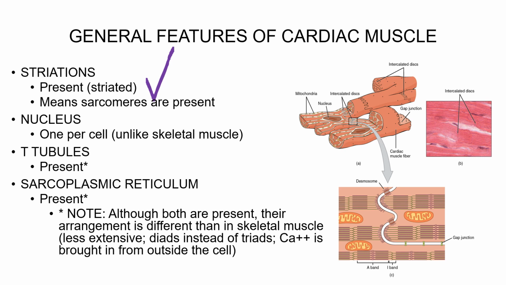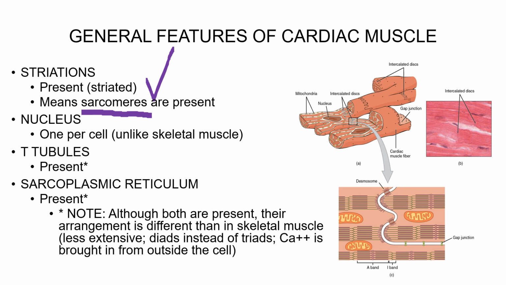So because we have that light, dark, we do have Z-discs. And if we have Z-discs, we do have sarcomeres. So the sarcomeres work the exact same way as in skeletal muscle. They get pulled closer together, which causes contraction of the sarcomere, which will eventually cause contraction of the cell.